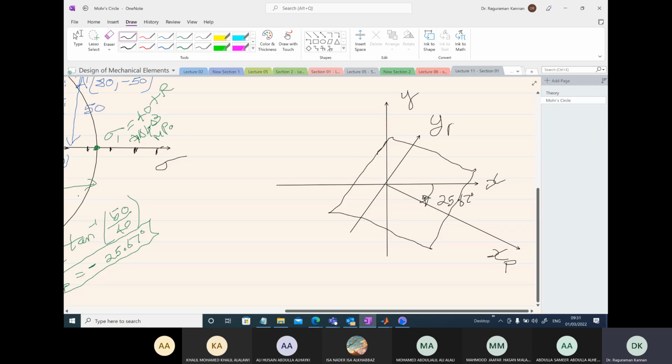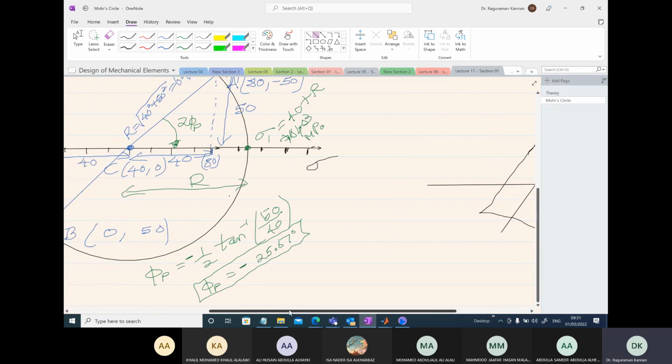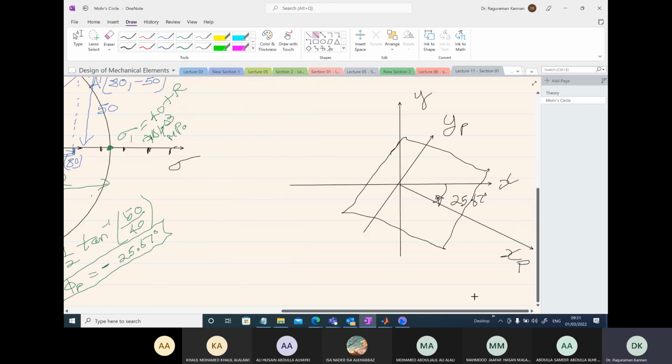This is yp, the stress element, and we can draw the principal stress values along the xp direction. We have the sigma 1 value 104.03 megapascal positive.